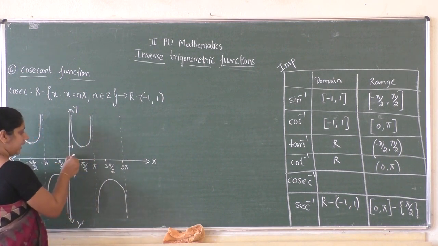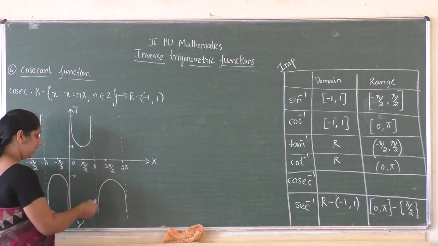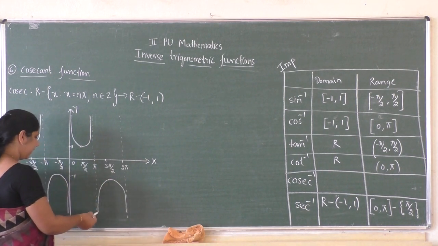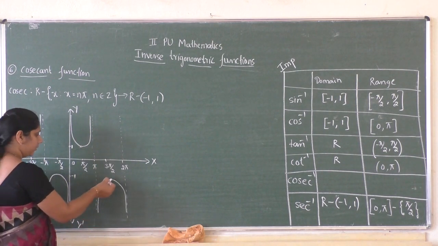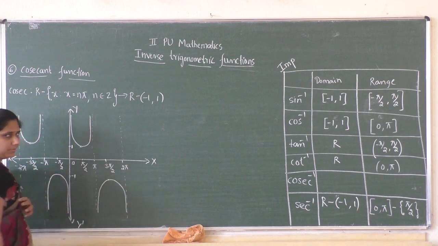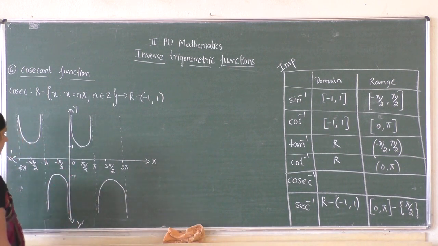Again, in the first and second quadrants cosec is positive, and in the third and fourth cosec is negative. So in the third and fourth, the graph gradually increases from minus infinity to minus 1 and decreases from minus 1 to minus infinity.